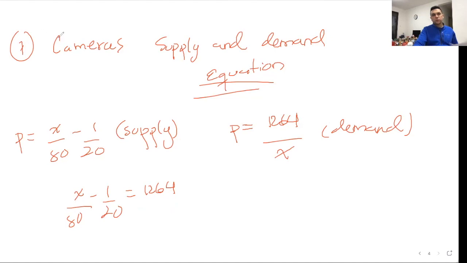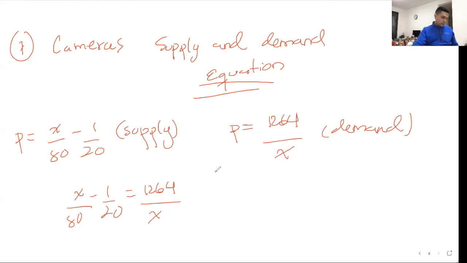There are different ways to do this. You can use the quadratic formula. The first thing you want to do is combine these two fractions, and then you can cross multiply.